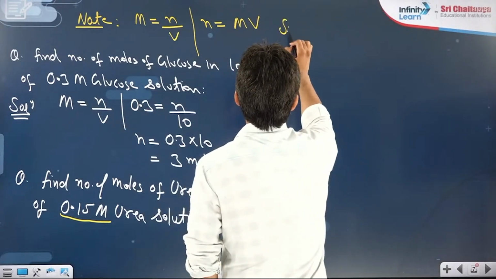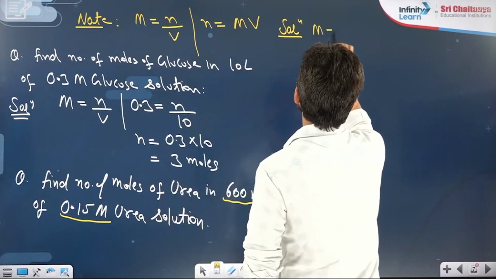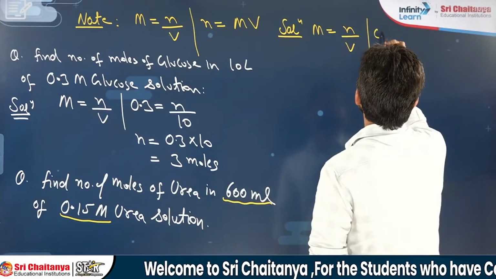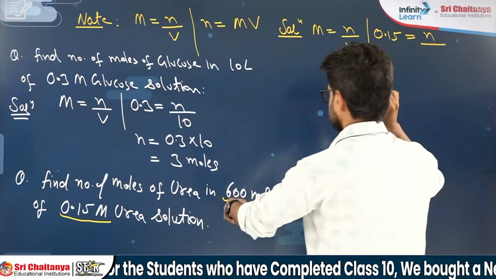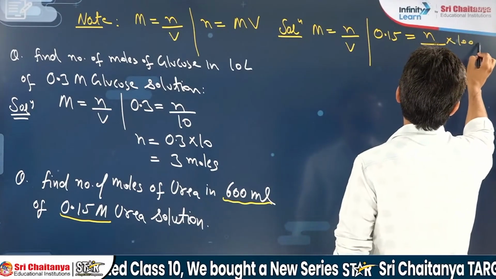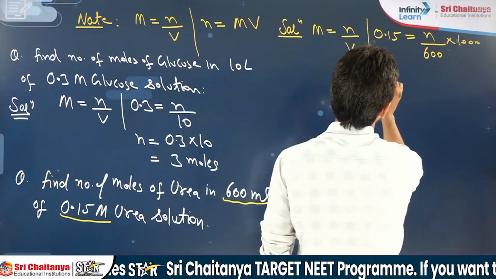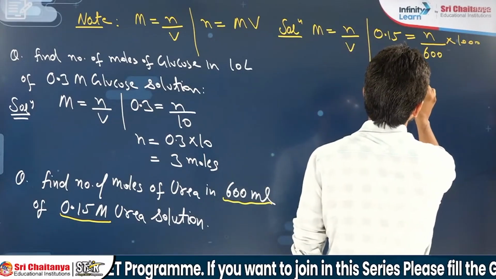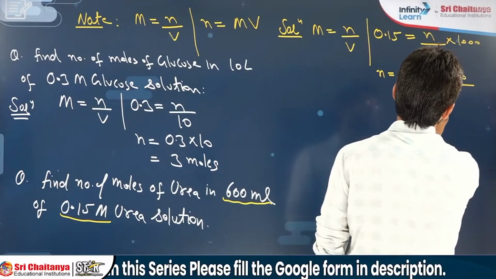You see what is coming. Again, the same thing. Molarity is number of moles by volume. Molarity is 0.15. I want to find the number of moles. Volume is 600 ml. Please make it liter by dividing 600 by 1000. So n is 0.15 into 600 divided by 1000.